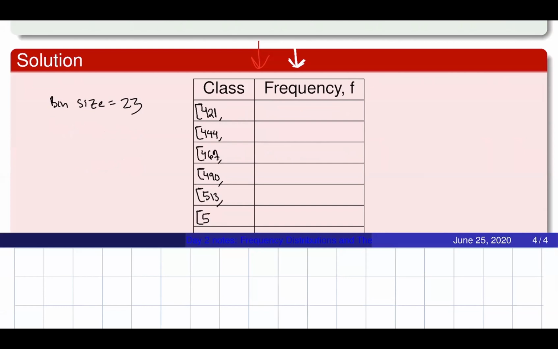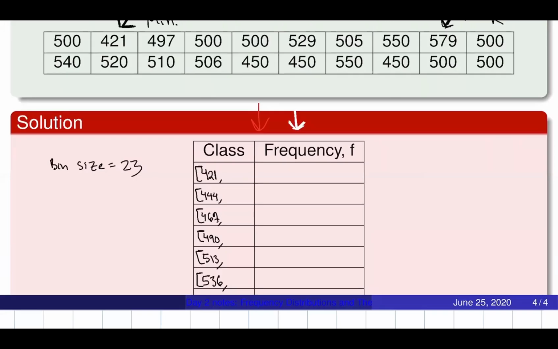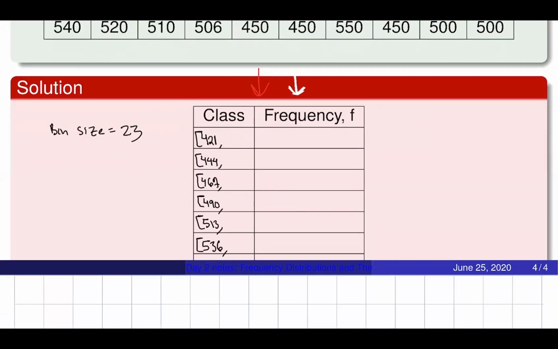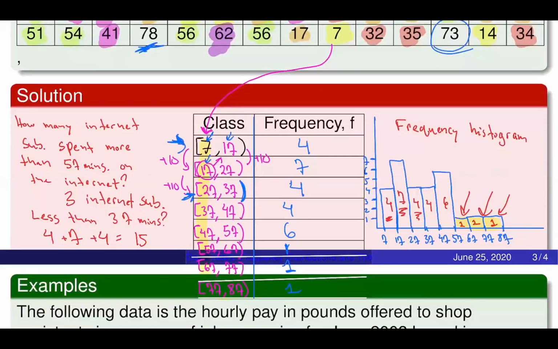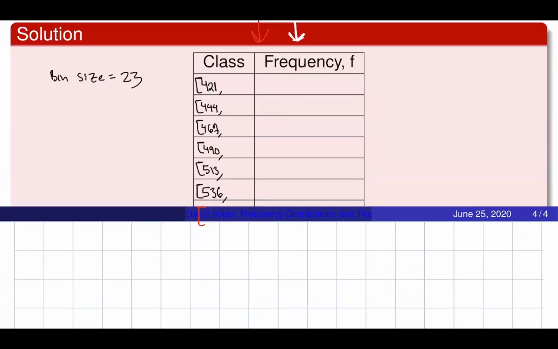Then 513 plus 23 gives you 536. So if you look at it, you still need a little bit more because you wanted to get the max. So I'm gonna have to add some rows to this. If I add a row, that's gonna be 559.